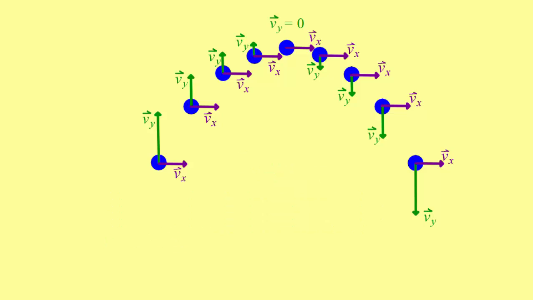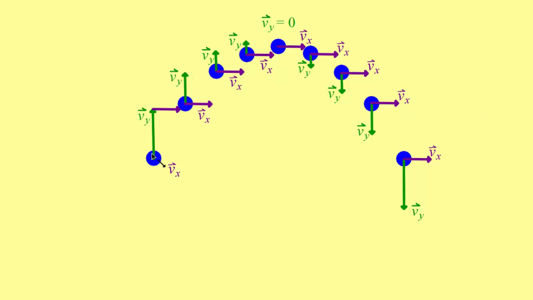Okay, so we have information about force vectors, acceleration vectors, and these components of velocity, but what about the composite velocity for each of these points in time? We can do that by adding the two components together. So to add these components, I'm going to move this x component arrow, and I'm going to put the tail of that arrow to the head of this first vector I'm adding to it.